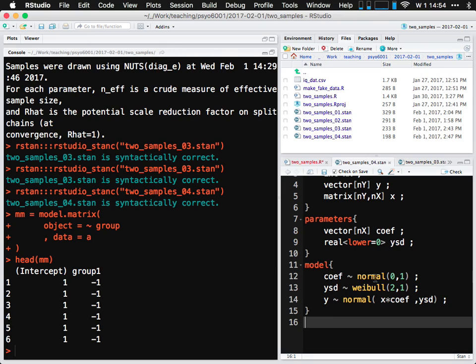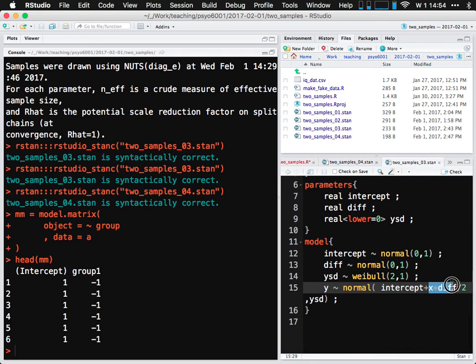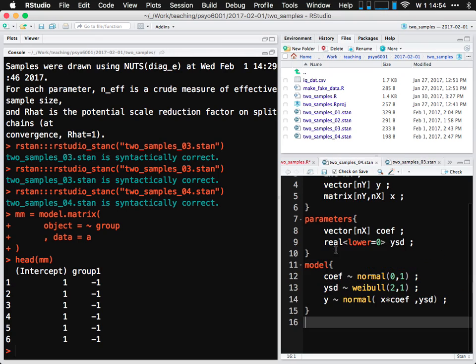Originally we had an intercept plus x times diff, and as long as we make this a matrix with one column that's all ones, this is mathematically the same thing. That's as complicated as we'll need to get mathematically. I lie. There are some cool things that I'll show you down the line that are a little more complicated, but not much. We haven't even scratched the surface of what the actual sampling is doing.